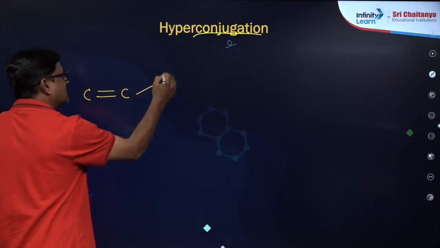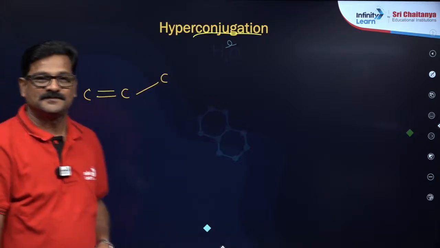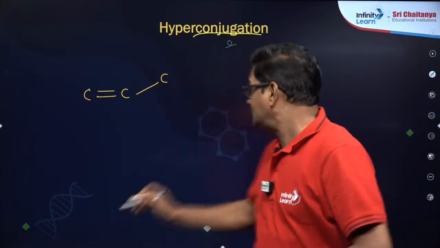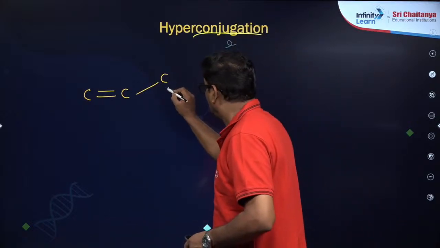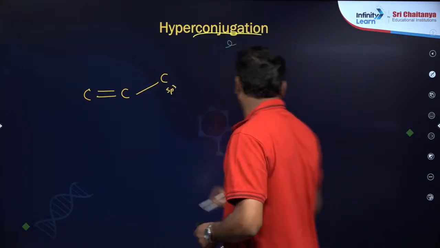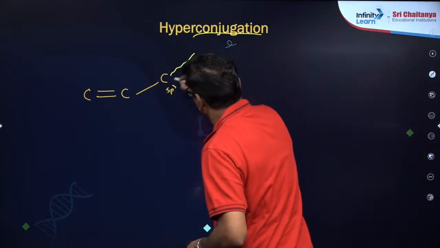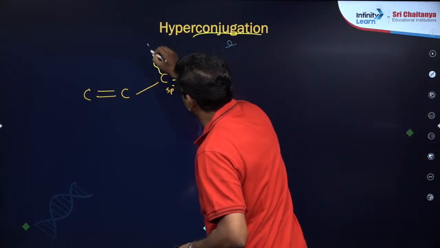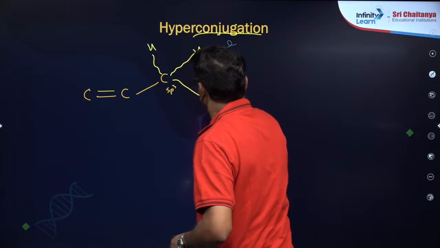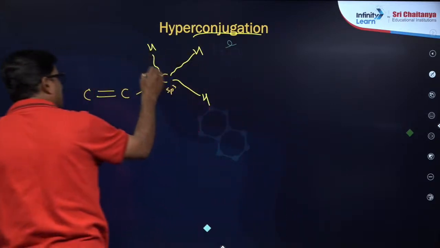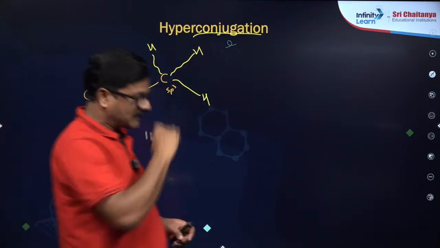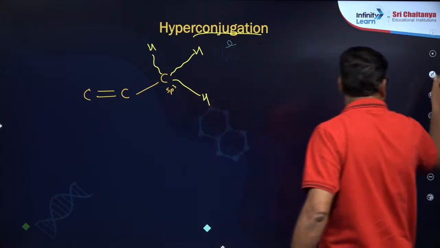Let us say this is a carbon, and this carbon is an sp3 carbon. It has hydrogens bonded to it, and this carbon that is attached to the carbon of the double bond is called the alpha carbon.